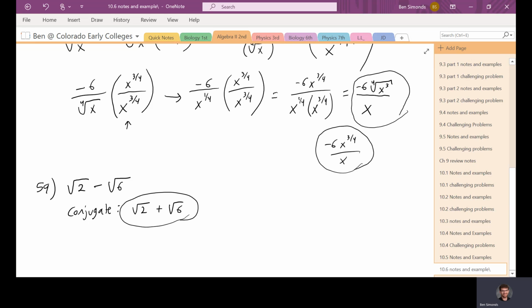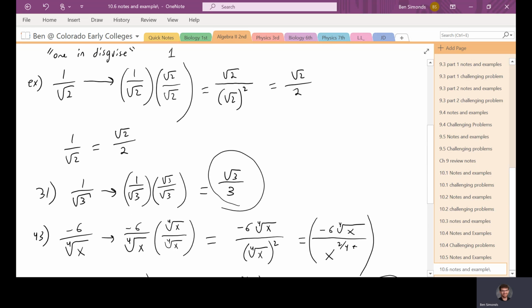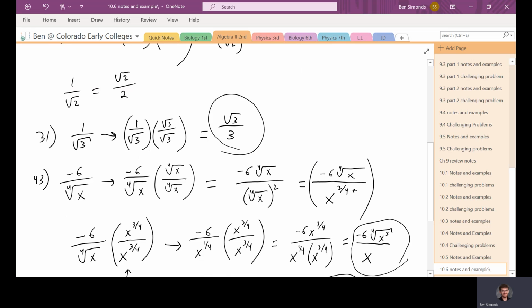Why does conjugate matter, you might ask? Okay, cool, simple enough. What is that good for? Well, let's take a look at number 63 to find out. 63 wants us to rationalize the denominator of 4 divided by square root of 2 plus 3. Previously, we just had one thing in the denominator, like square root of 2 or square root of 3 or 4th root of x.